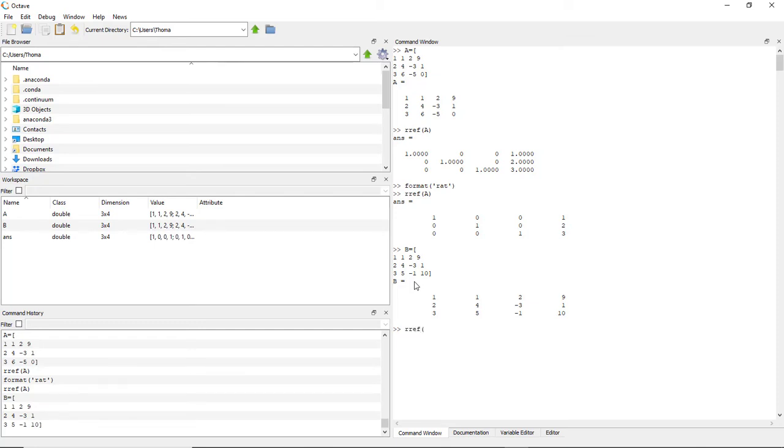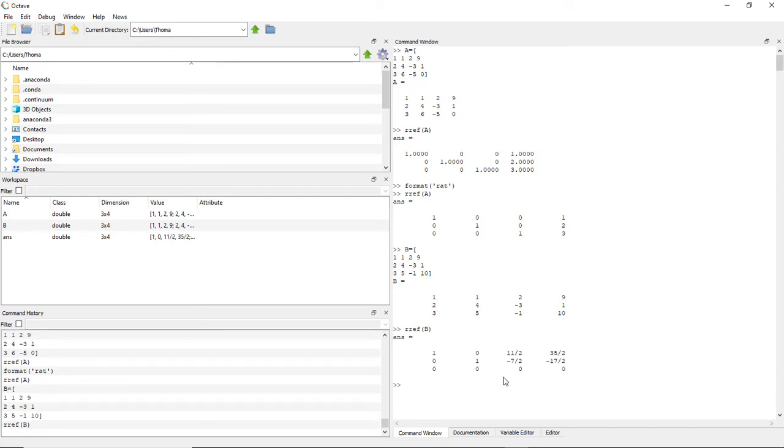RREF, I called that matrix B. So RREF B, there it is. And that rational form actually gives this to me in fractional form, which is really quite nice. It's the same form that we get by solving this by hand.